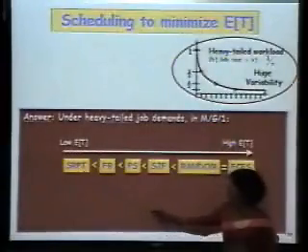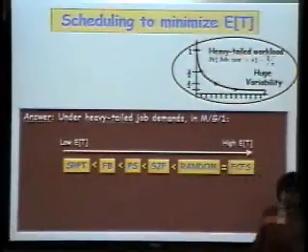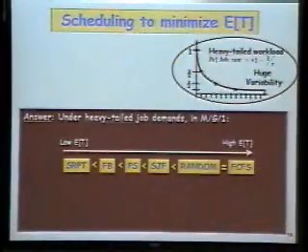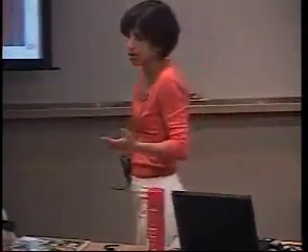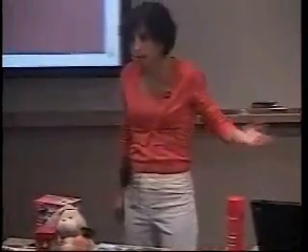So one more thing I'd like to add from a research perspective about SRPT is that many people are afraid of policies like shortest remaining processing time. And the reason they're afraid of these policies is because of what? What scares you when I say, let's put all your short jobs first? Starvation of the long jobs. Well, that too is a myth, okay?